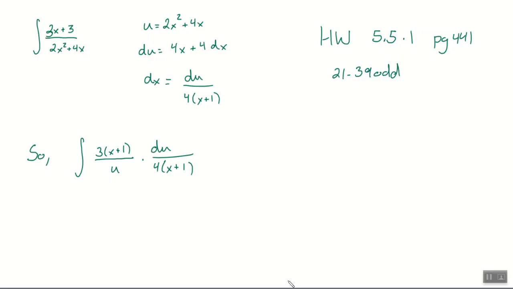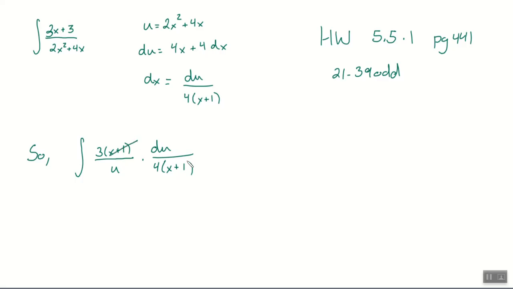But this is what most groups ultimately wound up choosing. You might have tried others, but this works. Now, sorry about the ugly 3. I had it as a 2, and it wasn't working for me, and I couldn't figure it out, but I had a typo. When we picked this as u, here's our du dx, and then here's when I solve it for dx, and I've already factored it because I can see what's going to happen. I have 3x plus 3 over u times du.